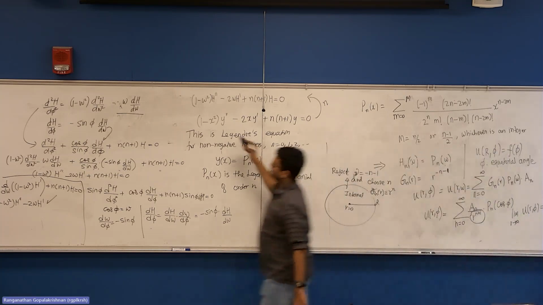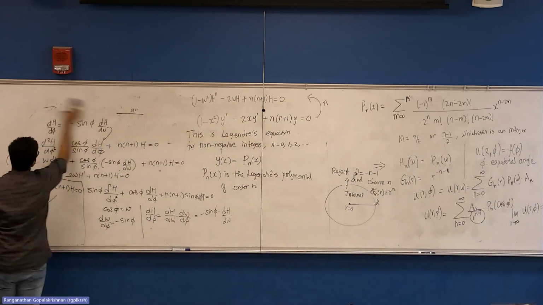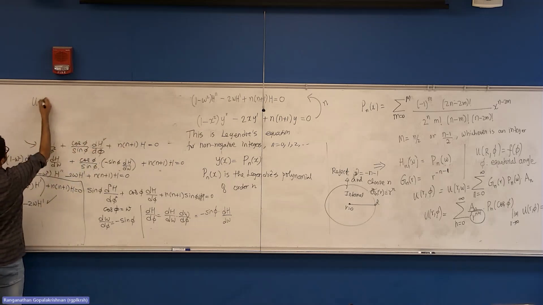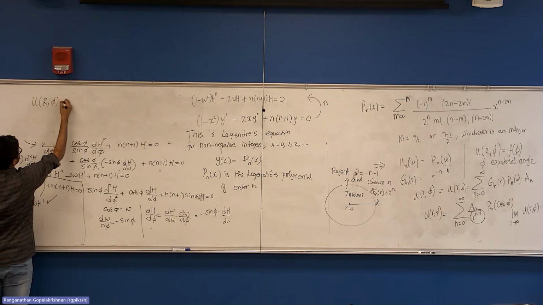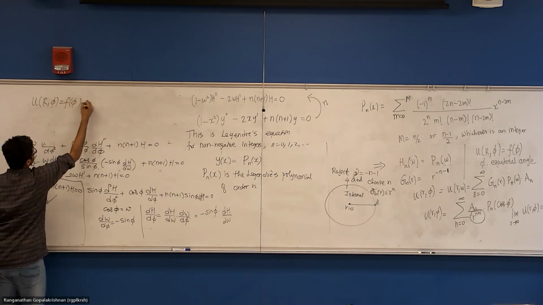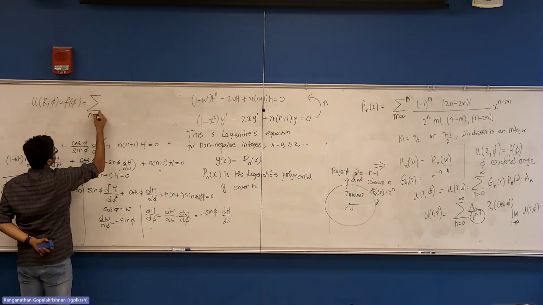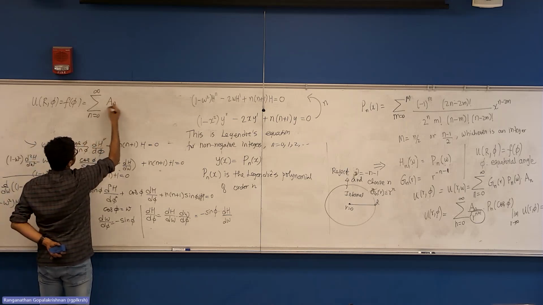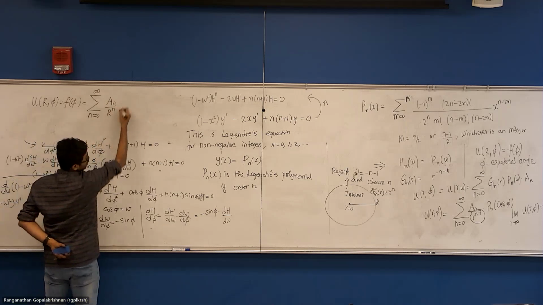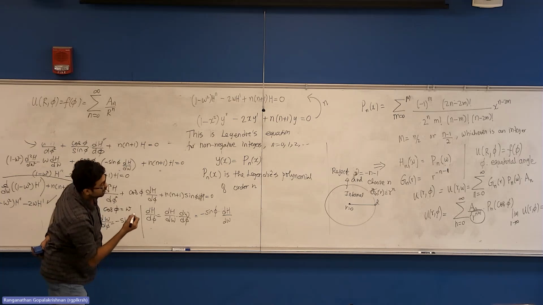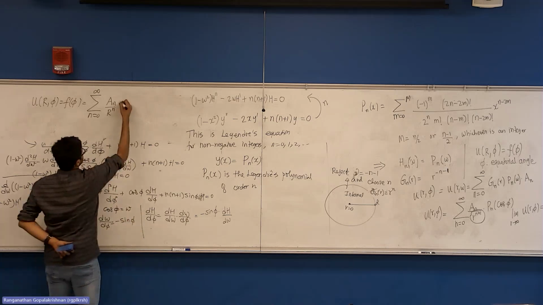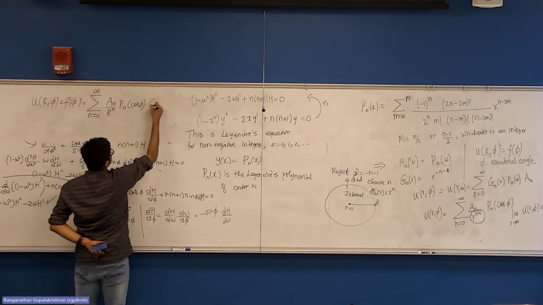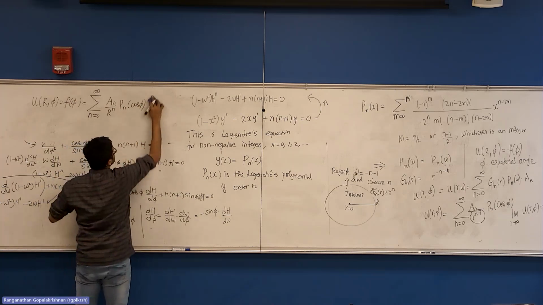So to complete the process, we would say u of r comma phi, which is only a function of phi, is equal to summation n equal to 0 to infinity an over r power n, Pn of cos phi, multiplied by, yeah, Gn is already fixed.